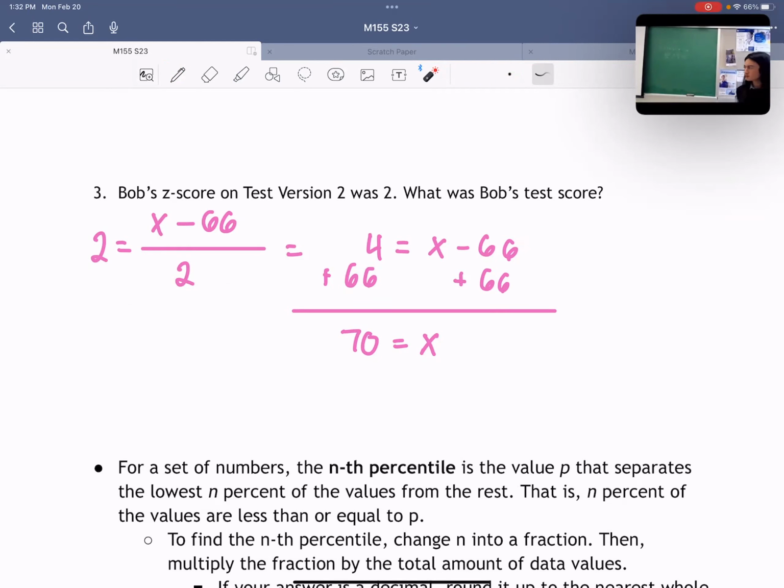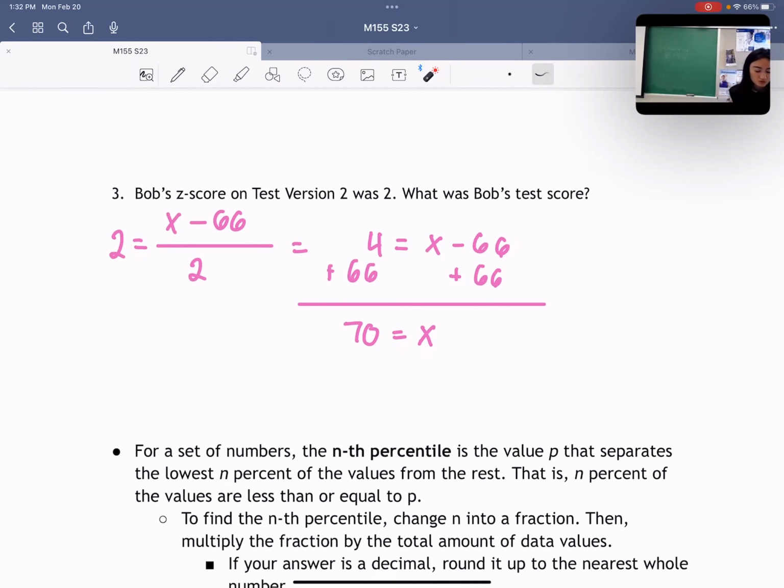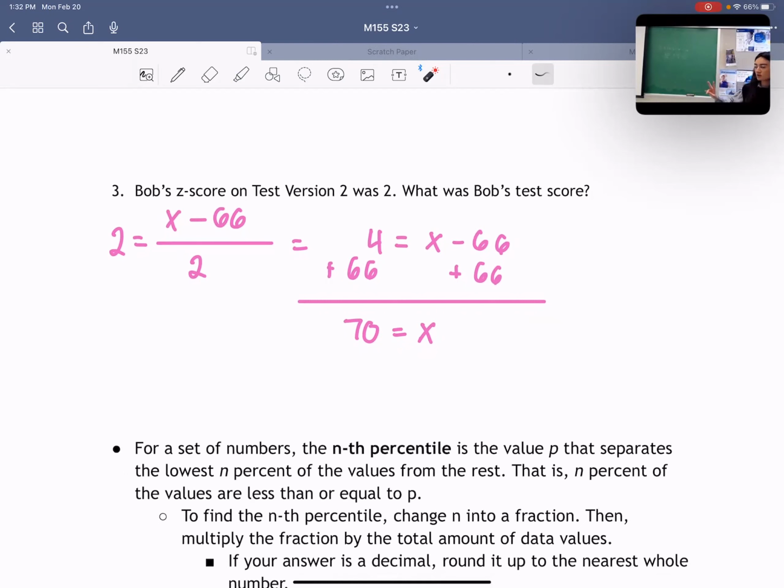Very nice steps here. Do we have any questions on what Jordan did here? All right. Okay, so very nice job here. This question was very similar to the second question, not the first question, because we had to solve the equation. I think the first question is pretty straightforward though. Let's move on.